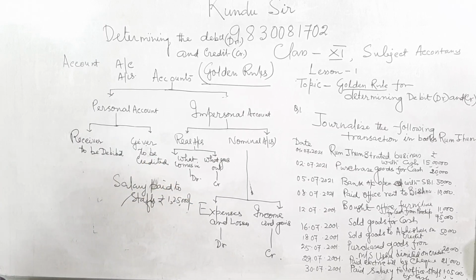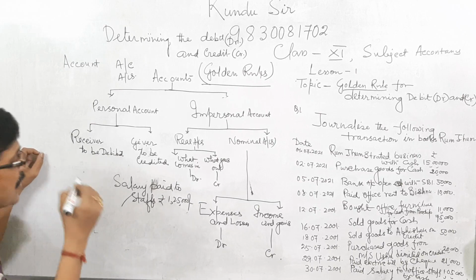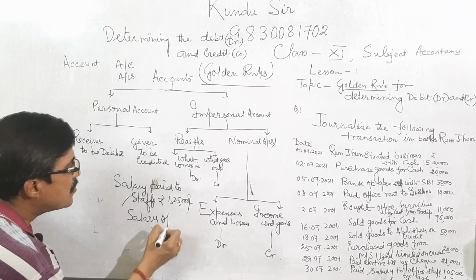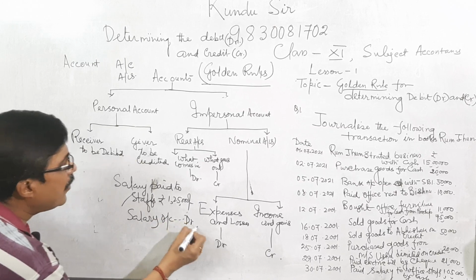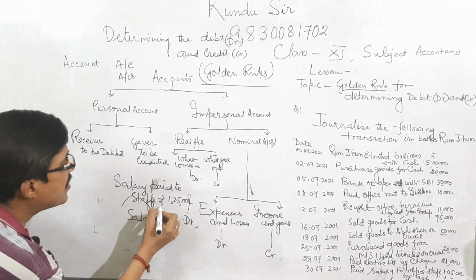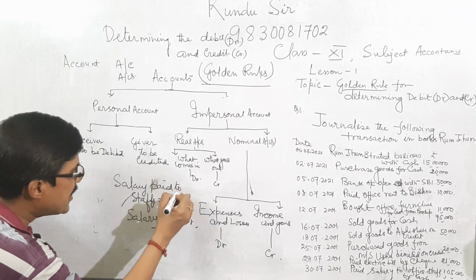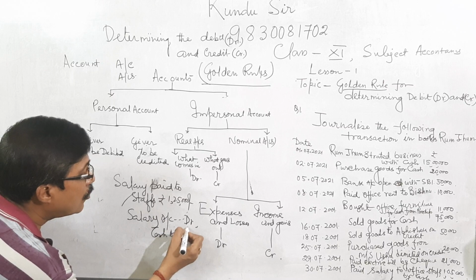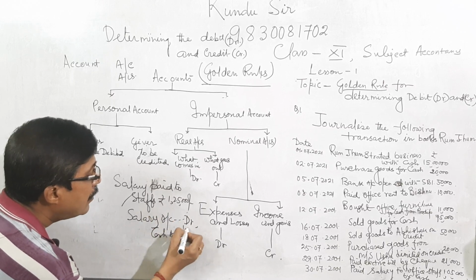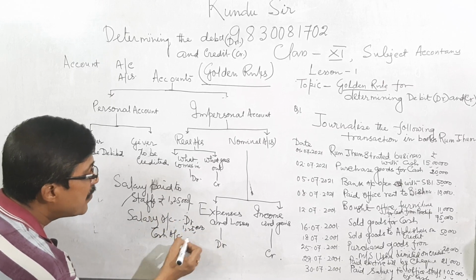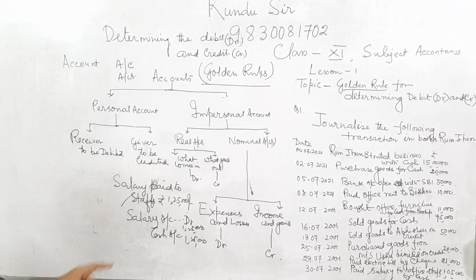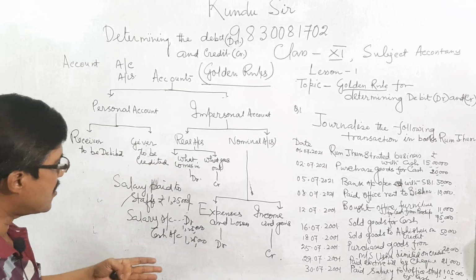So salary account is debited, and the real account, that is cash, is credited. Salary was paid in cash to staff, so cash account 1,25,000 credit, and salary account 1,25,000 debit.